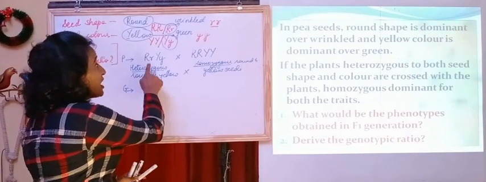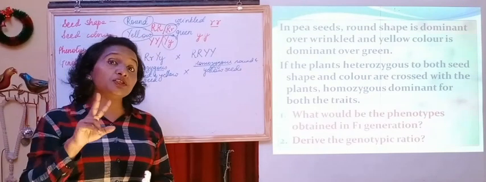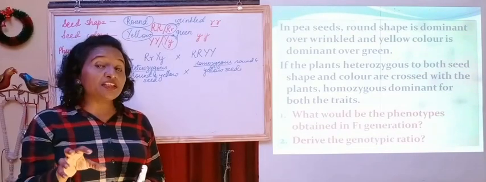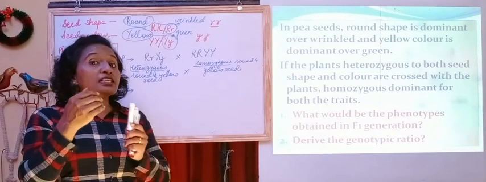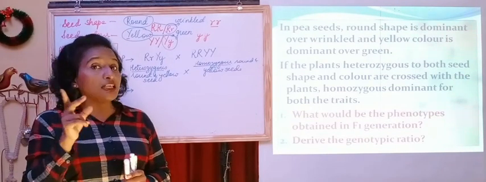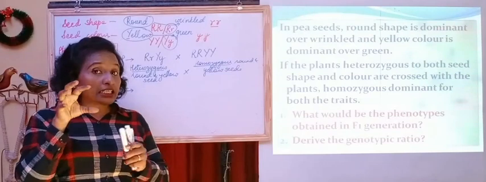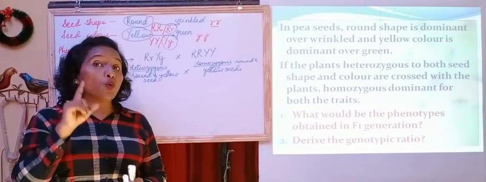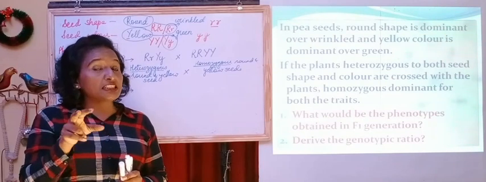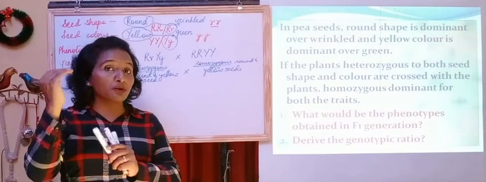But since we are discussing here two characteristics or two traits, in each gamete there will be 50% of the alleles from the parent representing both the characteristics. That means in each gamete there will be one R and one Y.